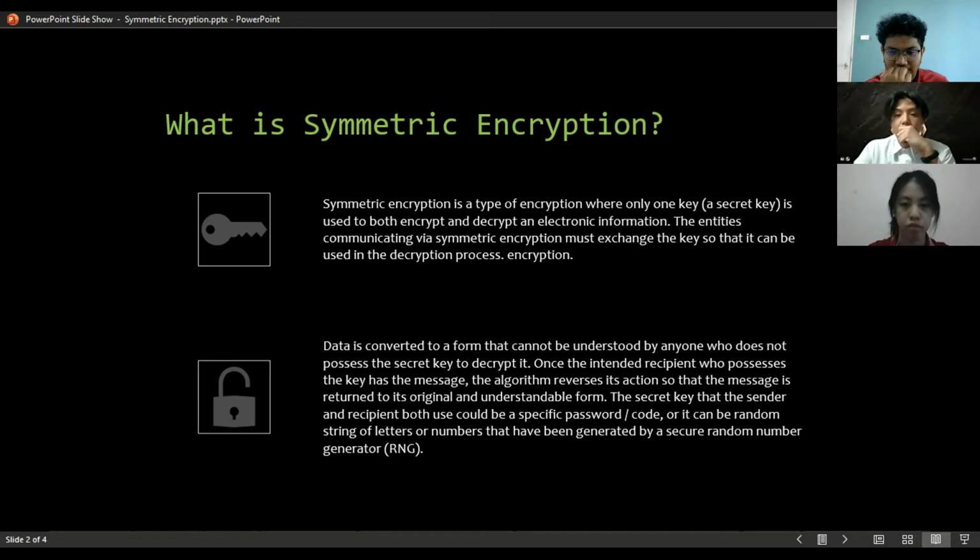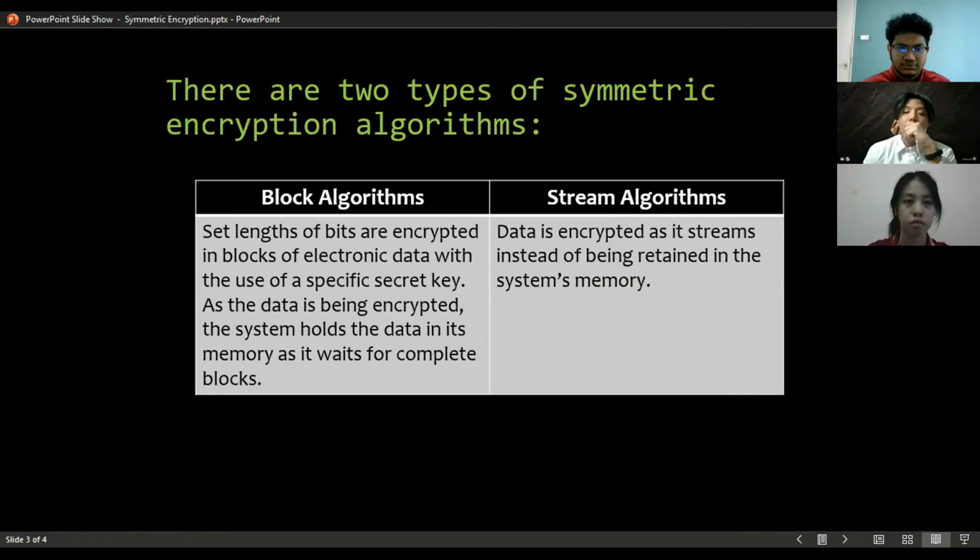The secret key that the sender and recipient both use could be a specific password or code, or it can be a random string of letters or numbers that have been generated by a secure random number generator, RNG. Next, there are two types of symmetric encryption algorithms: block algorithms and stream algorithms.